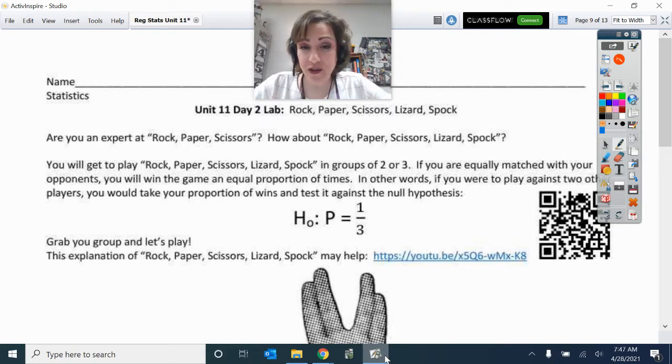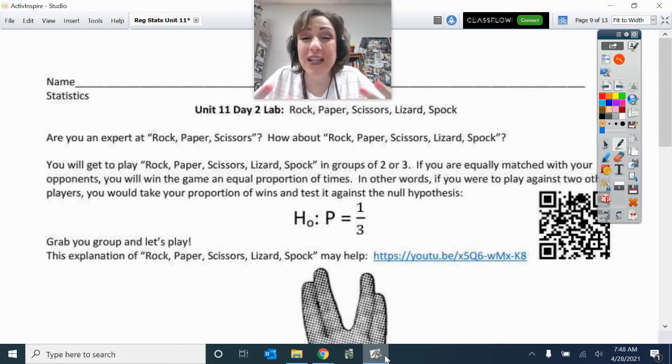You can play either in groups of 2 or 3. What we're going to see is that if you and your opponents are equally matched, then you will win the game in equal proportion of times. So if you were to play against 2 other people, so if there were 3 of you, then you would expect to win a third of the time in the long run if you are equally matched.